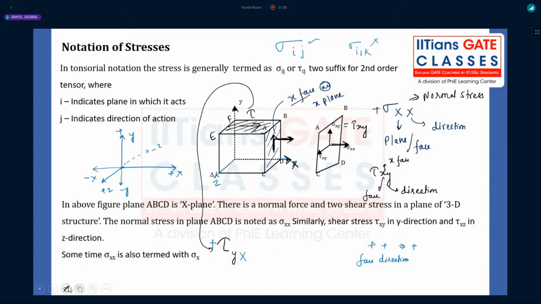If suppose we are applying like this, for example, if I denote the shear stress like this, now tell me, on the EFGH plane, this particular plane denoted by the red color, and the stress tau which is parallel to the EFGH plane, what is the notation?